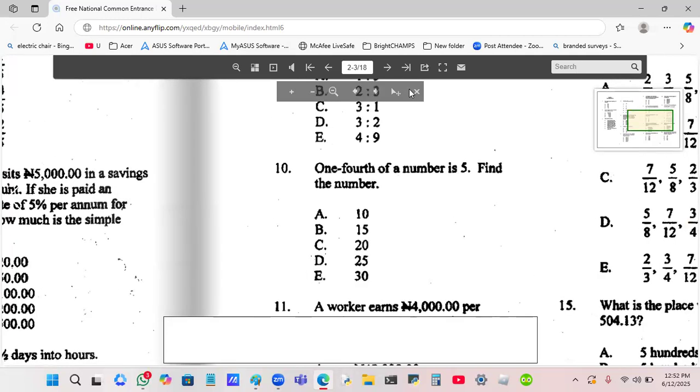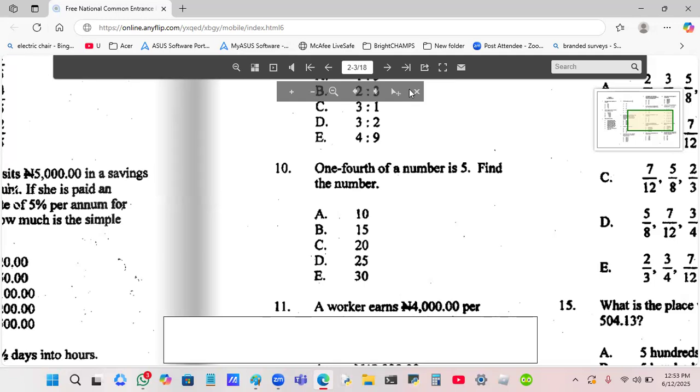One fourth of a number is 5. Find the number. You can also say it's one fourth of n is 5.